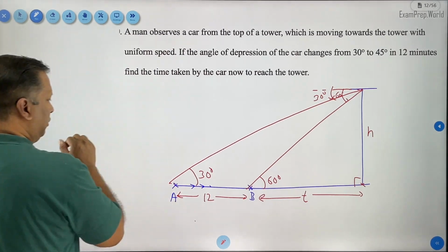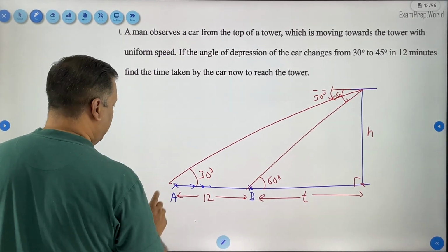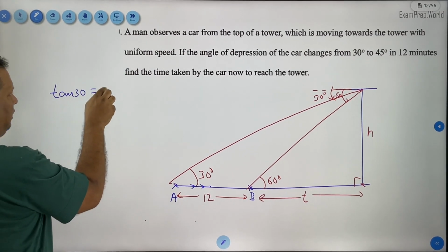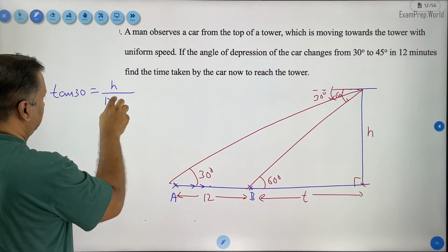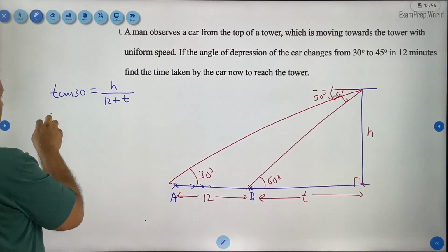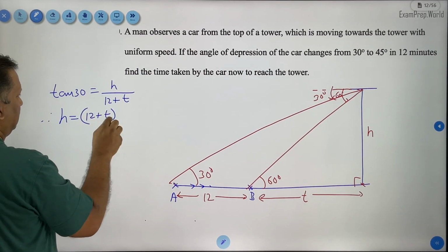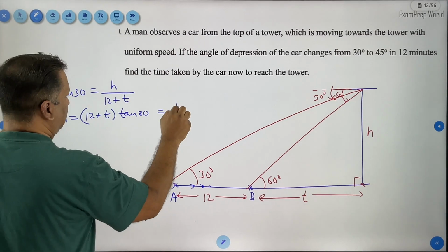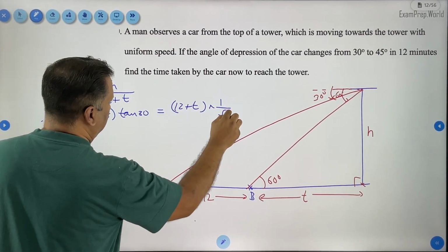So first I am going to write tan 30. Tan 30 is h upon 12 plus t. Therefore, h equals 12 plus t times tan 30, which is 12 plus t into 1 by root 3.